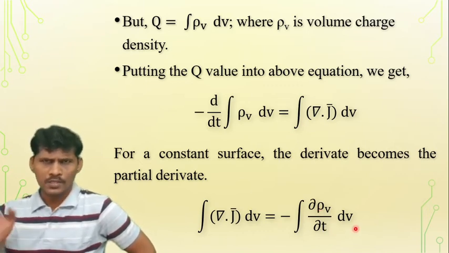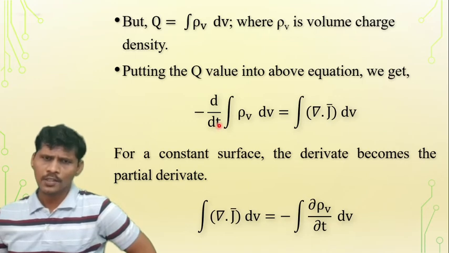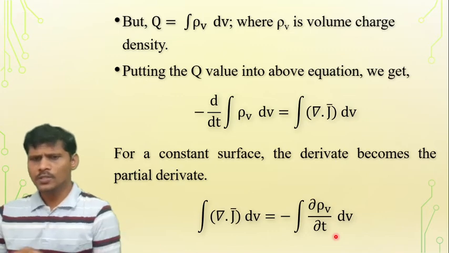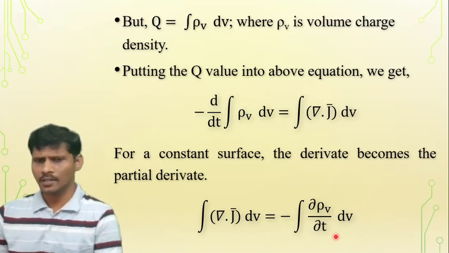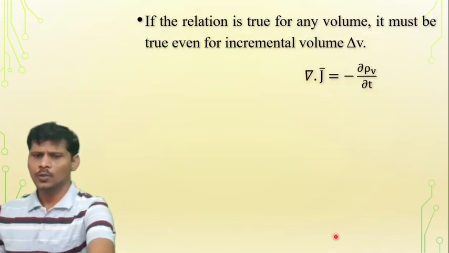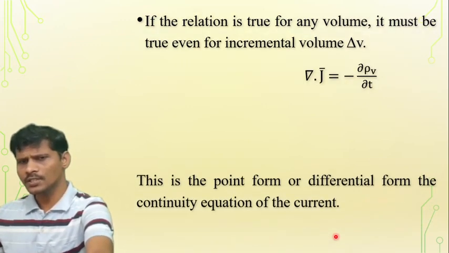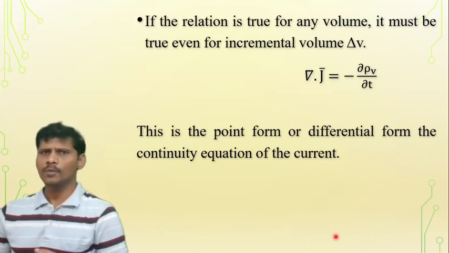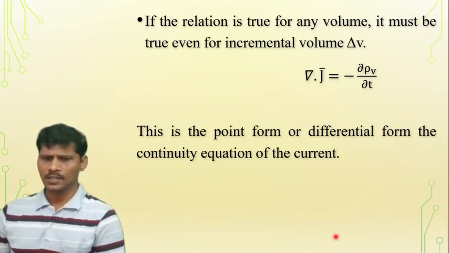On both sides, the volume integral is cancelled. We get del dot J bar is equal to minus dou rho v by dou t. This equation is called the differential form or point form of the continuity equation of the current.